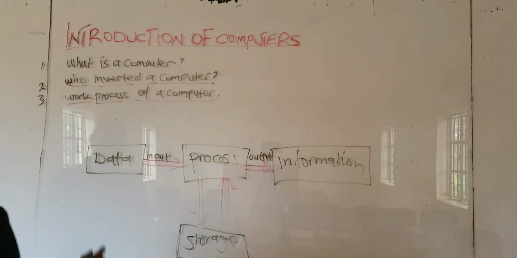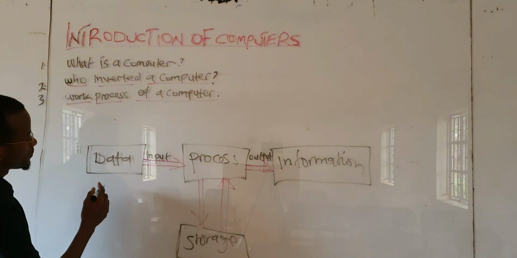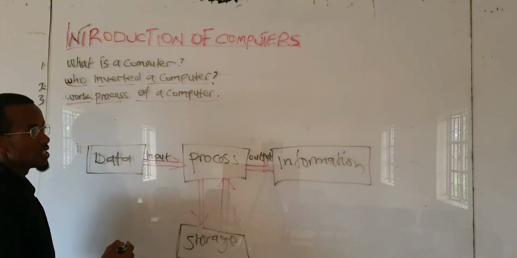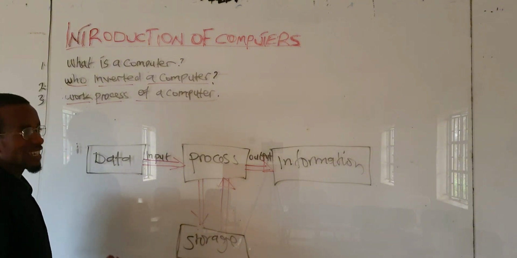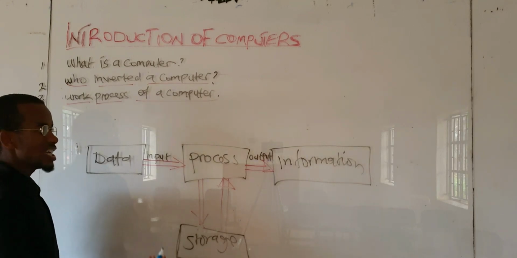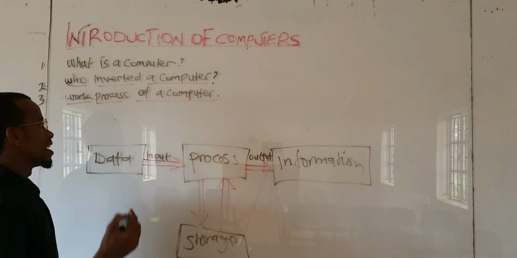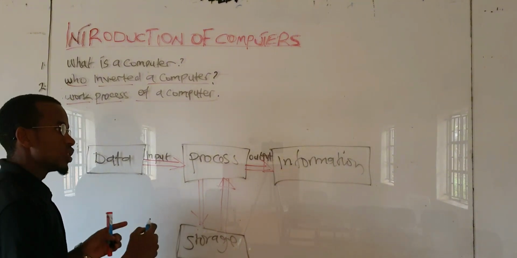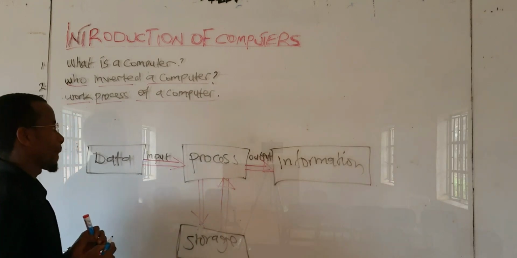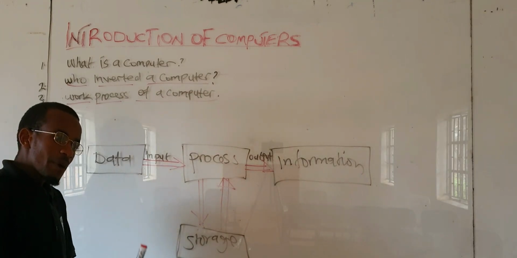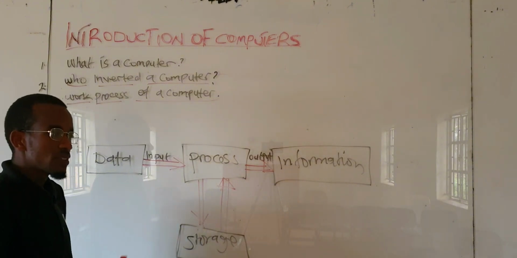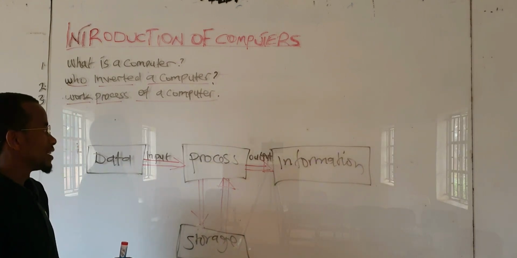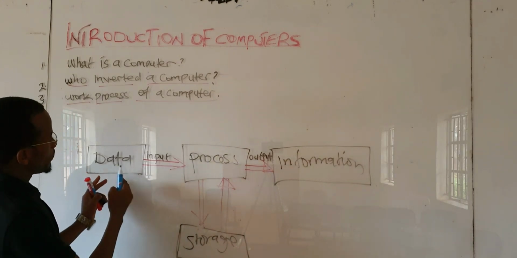So here you have data. So the data, when you're typing your information using a keyboard, using sensors, using light pen, using mouse. So when you're entering data into your computer, by use of keyboard, mouse, light pen, touch screen, and sensors, now you're inputting the data.